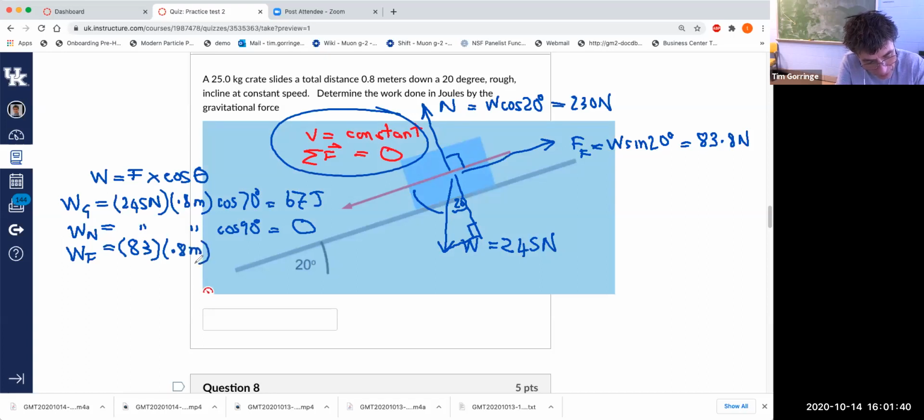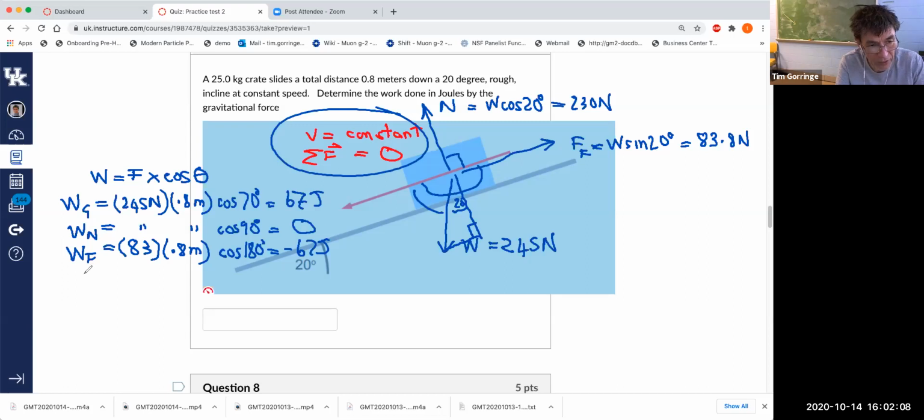Times the distance, times the cosine of the angle between the force and the motion. That's 180 degrees. And if you calculate that, you get minus 67 joules. And so that's the work done by each of the individual forces.